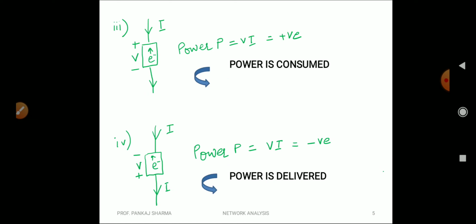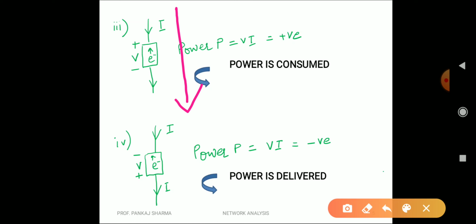The third concept is, suppose there is a block given to you. A block means any kind of network element. See this, the direction of current is from this point to this point, as the arrow is depicting. The power in this situation is P equals VI.